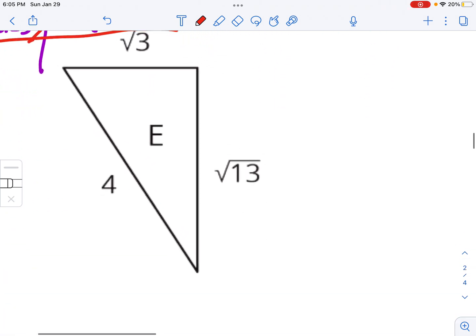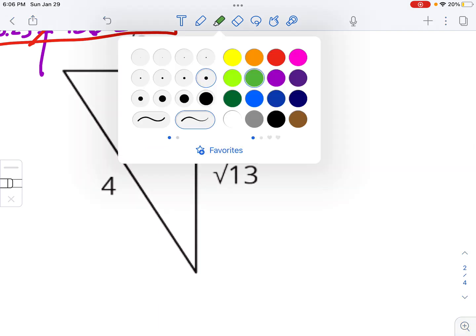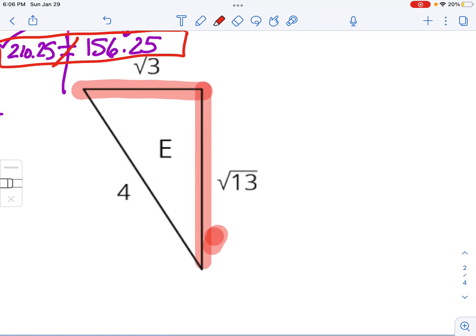Let's do the last one. All right. It looks like my legs are straight here and then straight down. I also know that the square root of 13 is in between 9 and 16, so it's like 3 or 4.